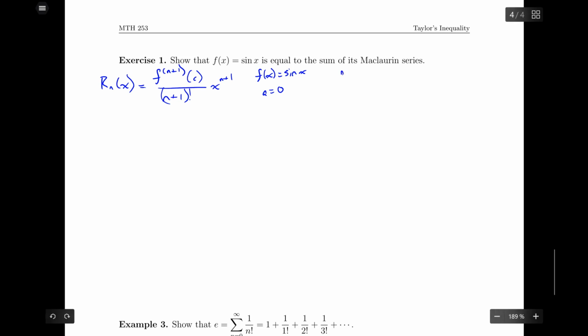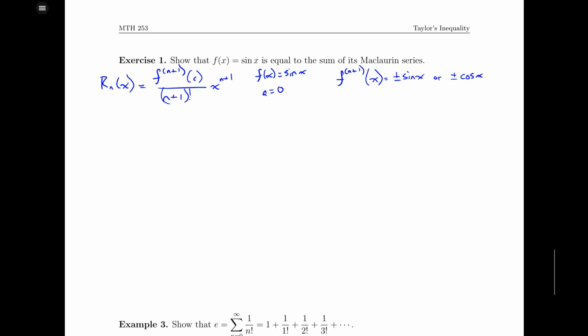Now, the n plus first derivative is either plus or minus sine of x or plus or minus cosine of x. All the derivatives of sine give you either plus or minus sine of x or cosine of x.